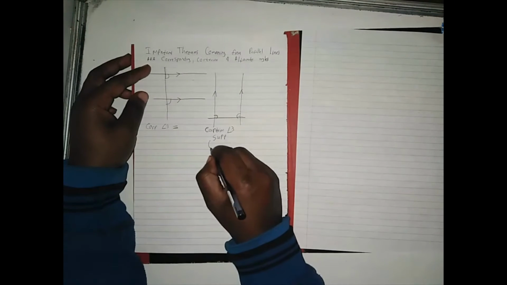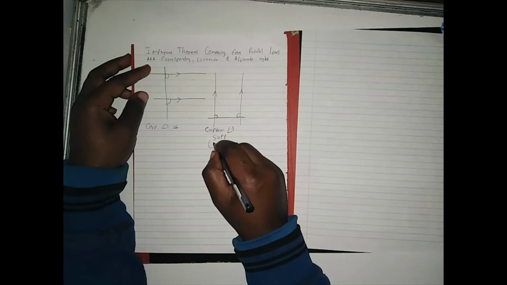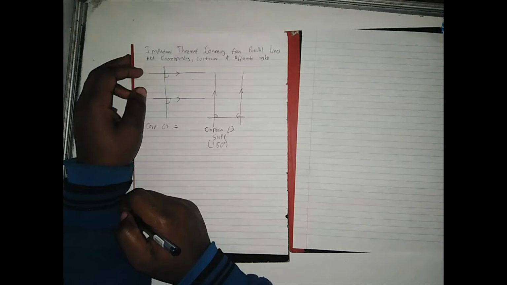Okay, so what does supplementary mean? It means when you add, it gives you 180 degrees. And then there's a third thing that is being said about transversal lines again.